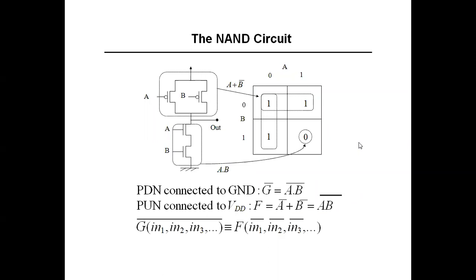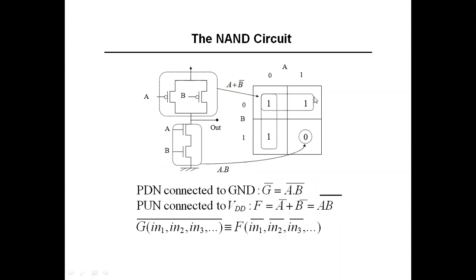It is exactly opposite to the AND gate. What is the truth table of the AND gate? Except all ones, the rest of the outputs are zero. Reverse is the case with the NAND gate. Except one, all outputs are 1. That means for only 1 combination you will get a 0 output, as shown here.